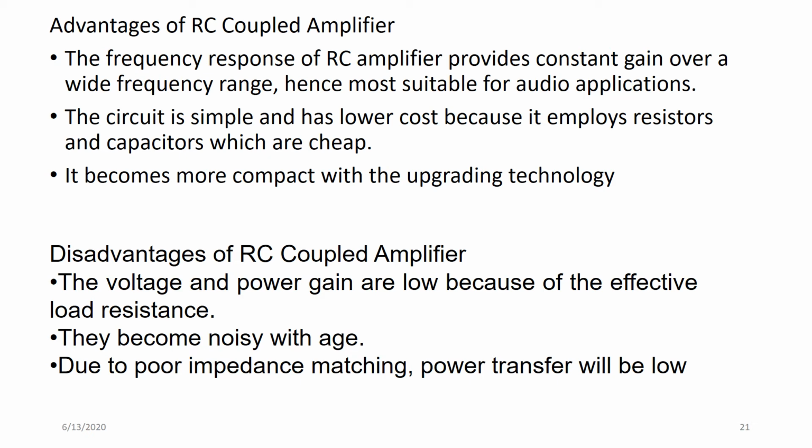The circuit is simple and of lower cost because it employs only two components, resistor and capacitor, which are cheaper, and it becomes compact with upgrading technology. Disadvantage: the voltage and power gains are low because of the effective load resistance. It becomes noisy with age, and due to poor impedance matching, power transfer will be low.